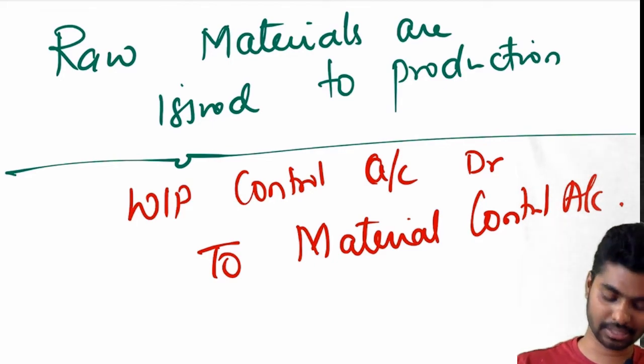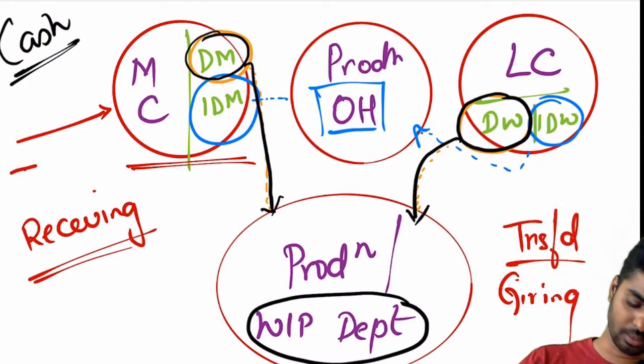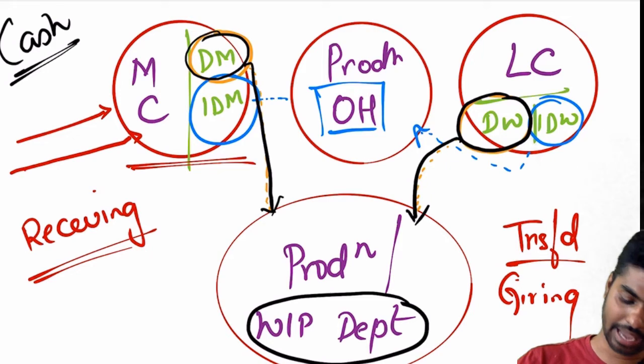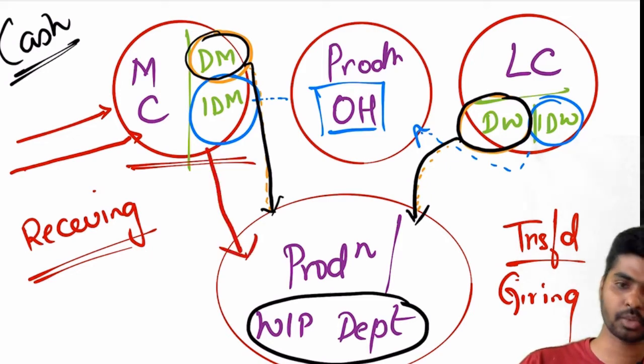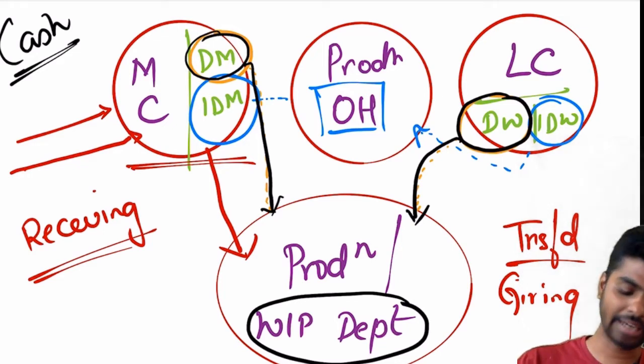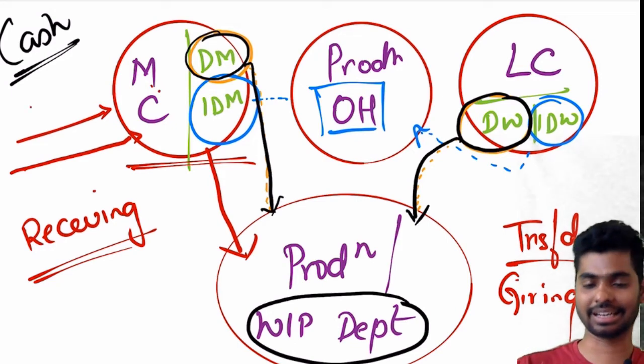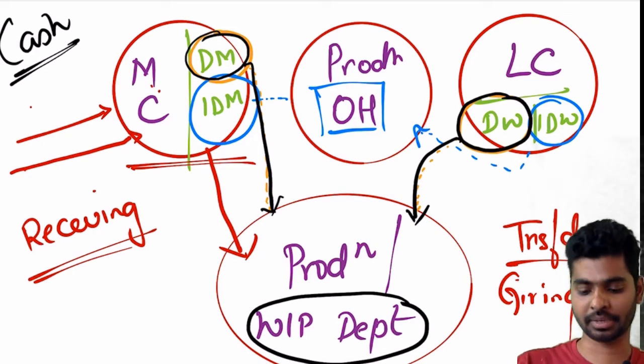So just see what I did right now. I'm just trying to recap it. My raw materials were received here, and from here I issued them here. When the raw materials were received, I said material control account debit to cash or payables. Since it was a credit, I called it payables.